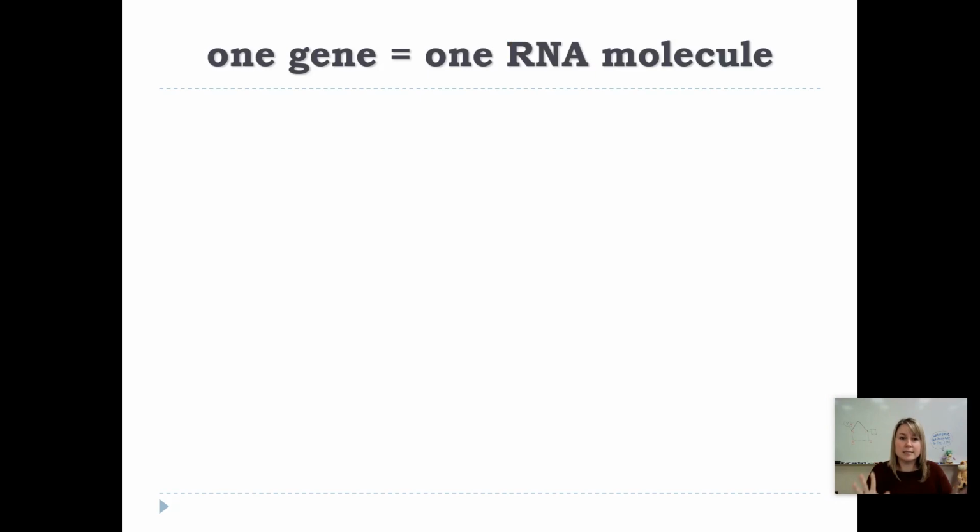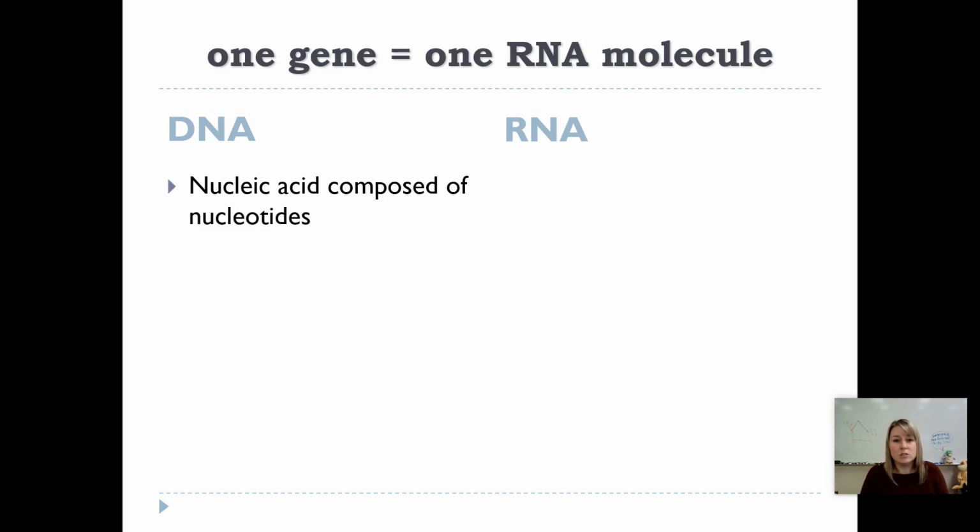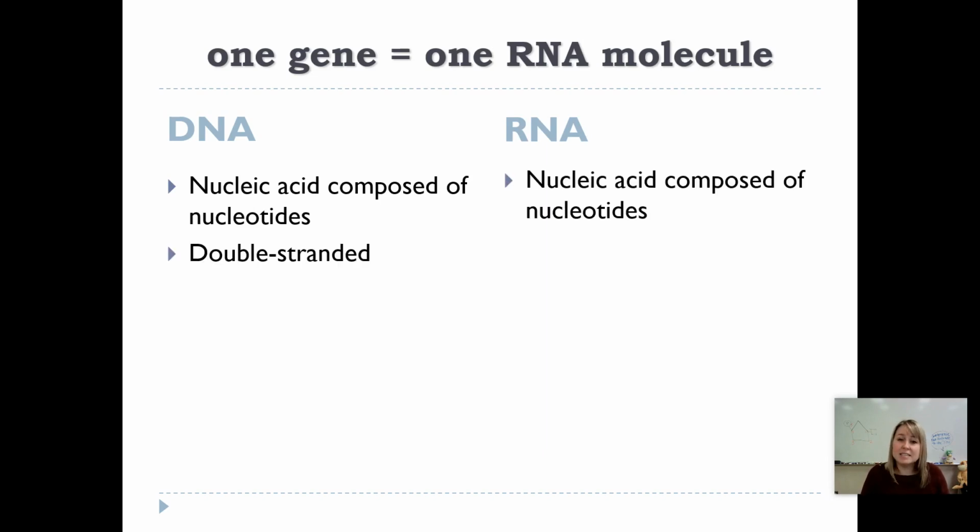So under this assumption that one gene equals one RNA molecule, we have to go back and review what is RNA, right? How is it different than DNA? So DNA, remember, is a nucleic acid composed of nucleotides, but so is RNA. DNA is double-stranded, but RNA is a single-stranded molecule that has everything to do with its function.